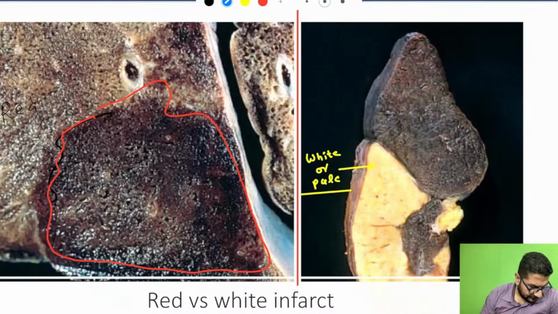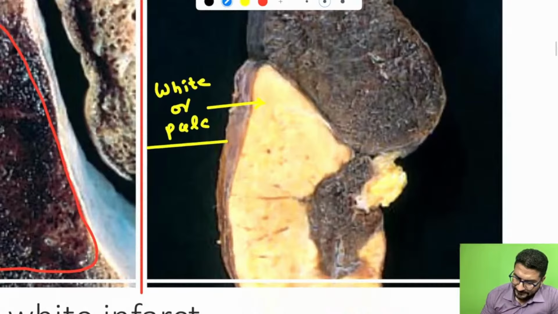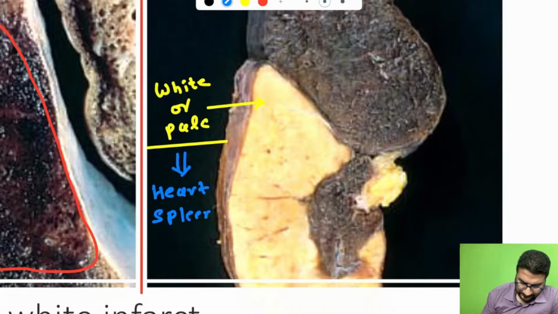Tell me, where do we see red infarct and where do we see white infarct? This white or pale infarct, we see where? It is seen in the heart, in the spleen, and in the kidney.